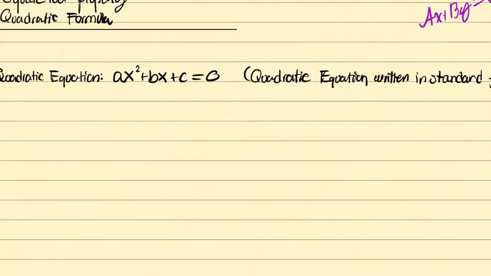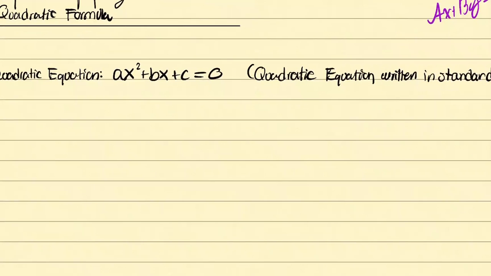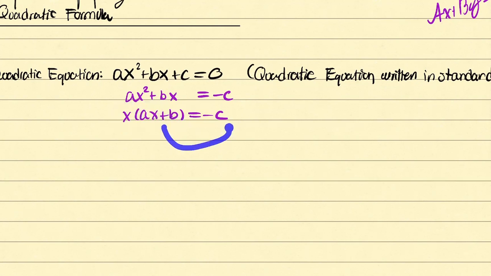If I were to try and isolate x and solve for x in this case, I could subtract the c over and then factor an x out here. But if you notice, the way that I would start factoring the x out leaves an x remaining inside. So now I can't divide by this factor out in front and then say, oh, x is equal to that, because x will appear in both sides of the equation still.